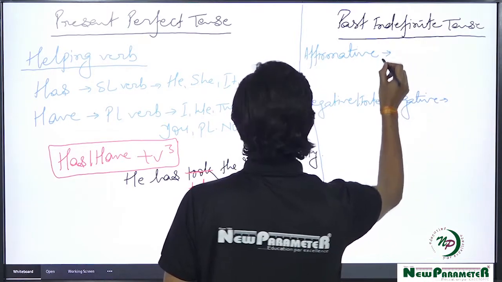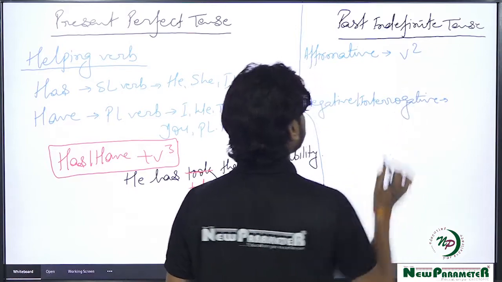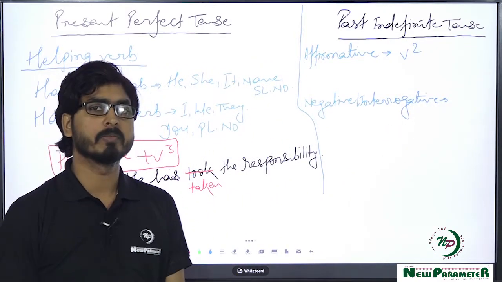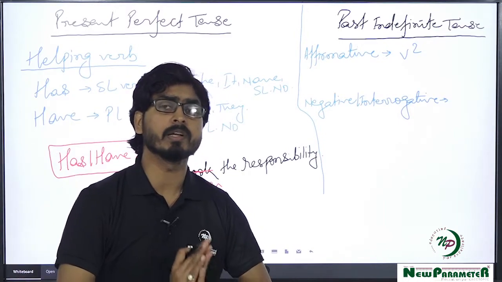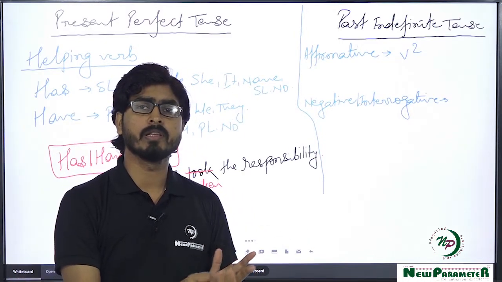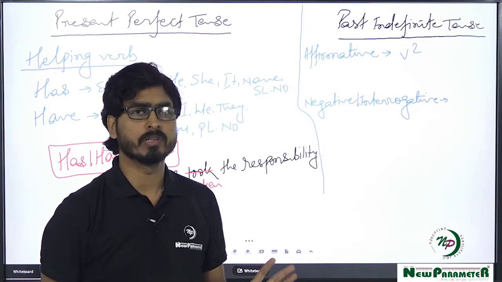What happens? We use only the second form in an affirmative sentence, and this second form goes with each and every subject like I, we, they, you, he, she, it, singular, plural, each and everything.